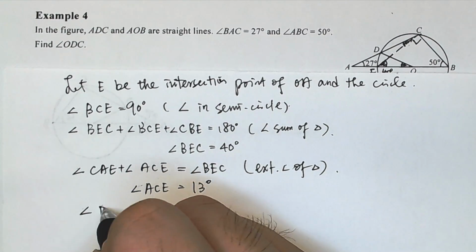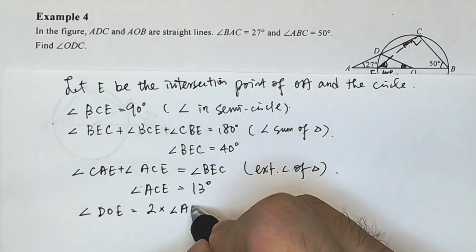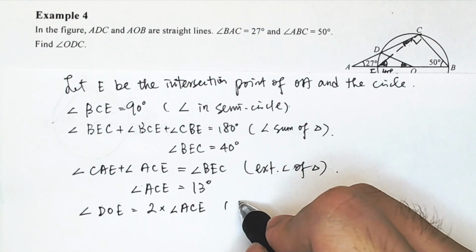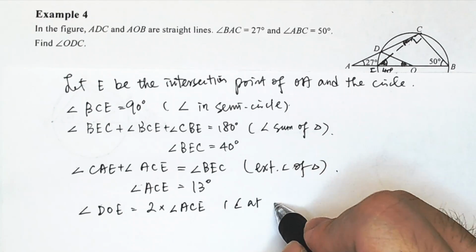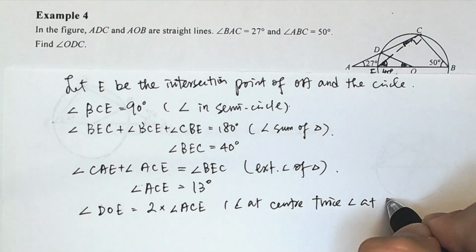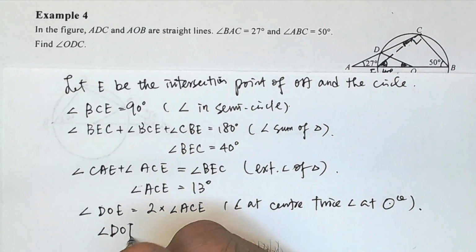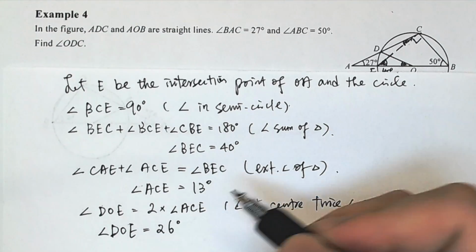Now angle DOE is 2 times the angle ACE, angle at center twice angle at circumference. Then DOE is 26 degrees.